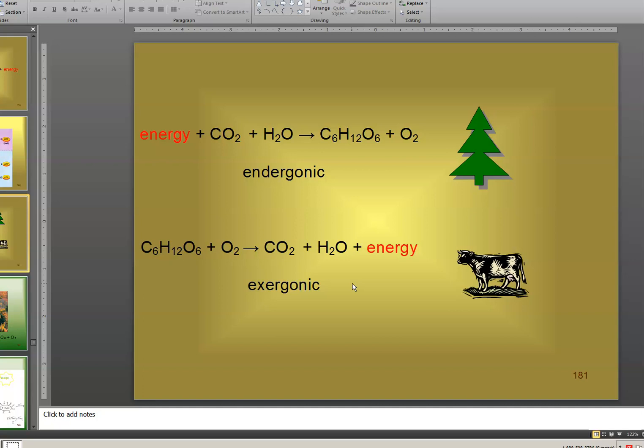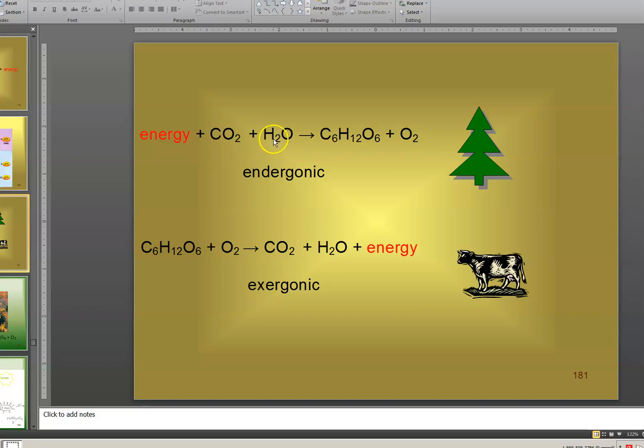Remember where I said a few moments ago that glucose is a high energy compound because its electrons occupy high energy orbitals. Water, at the end of metabolism, is a low energy compound because electrons around the hydrogen in particular occupy low energy orbitals. In photosynthesis, we start with water. Instead of ending with water, we start with water and carbon dioxide.